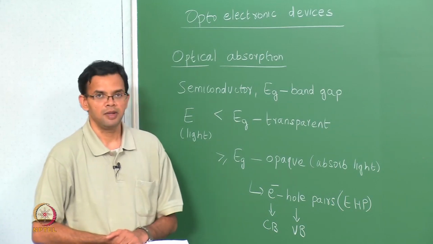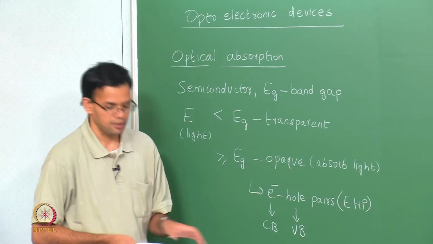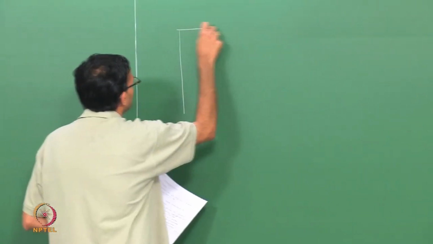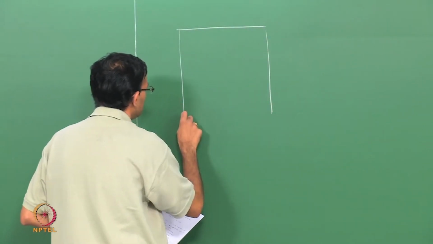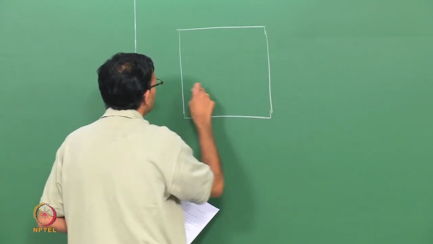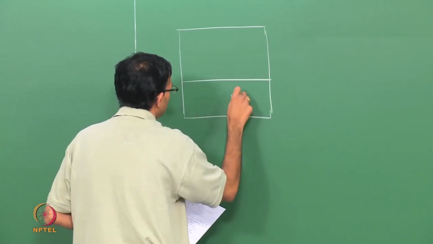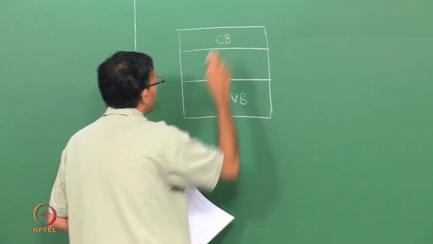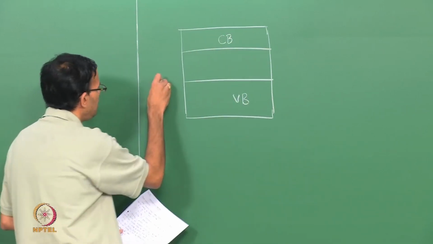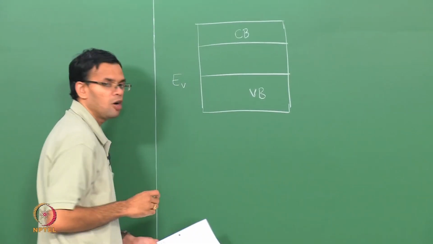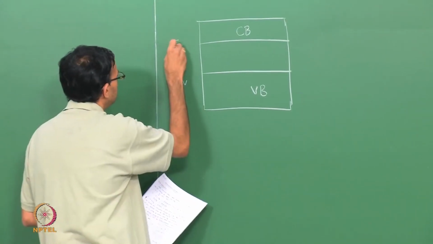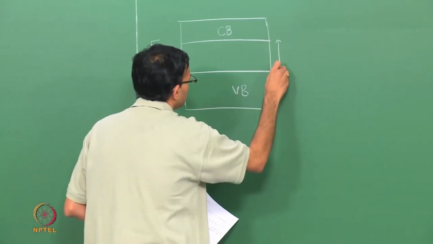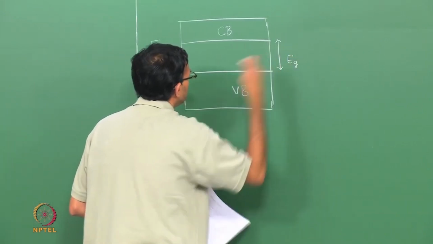Let me just explain this by drawing a small schematic. I have my semiconductor, in which I mark a valence band and a conduction band. EV is the top of the valence band and EC is the bottom of the conduction band, so that this gap is Eg.